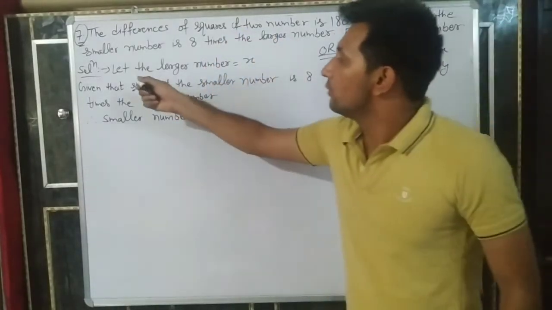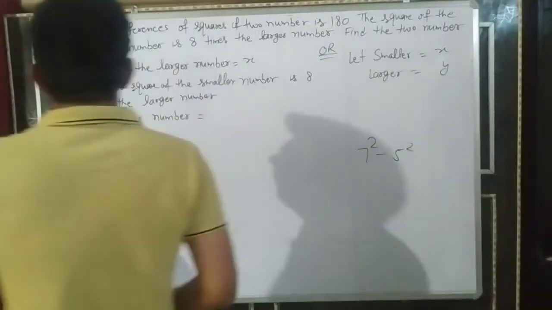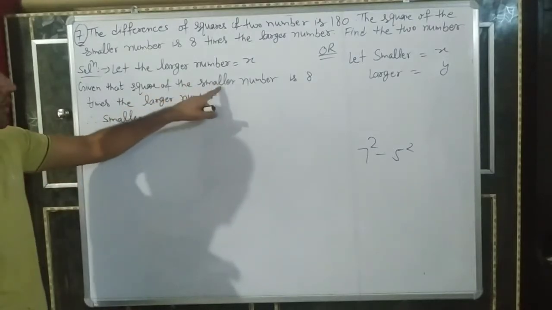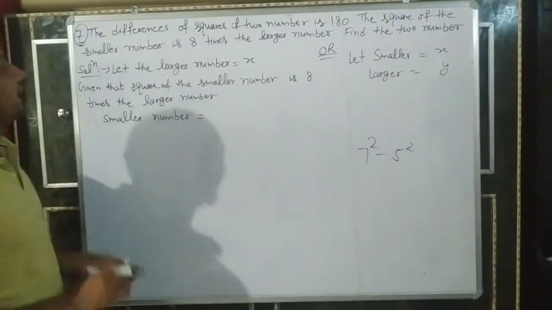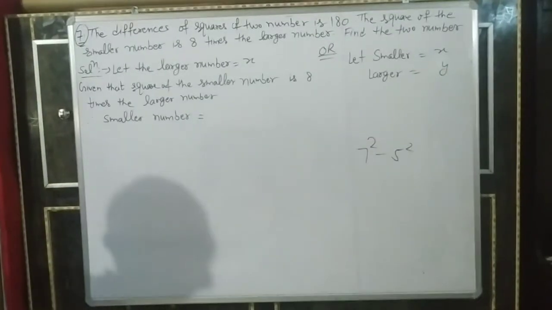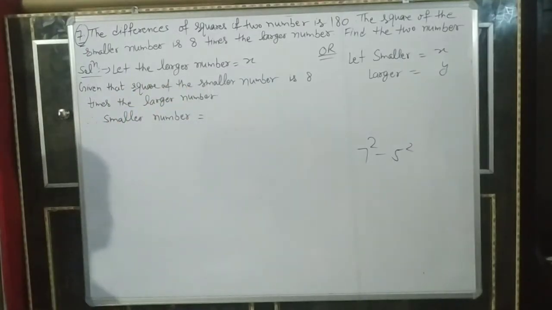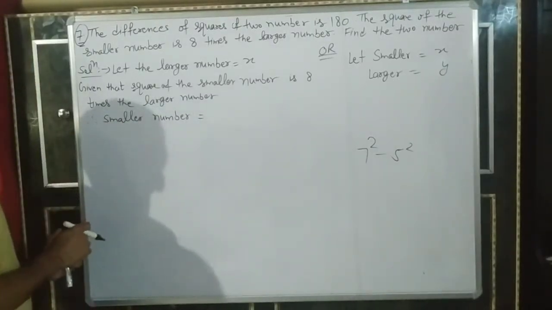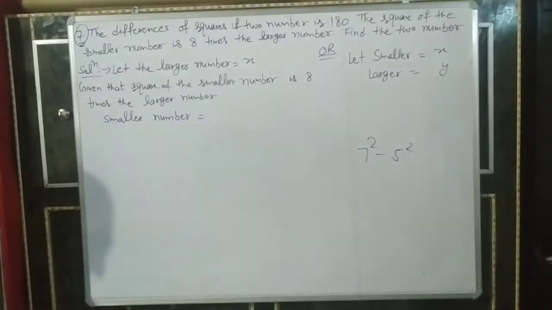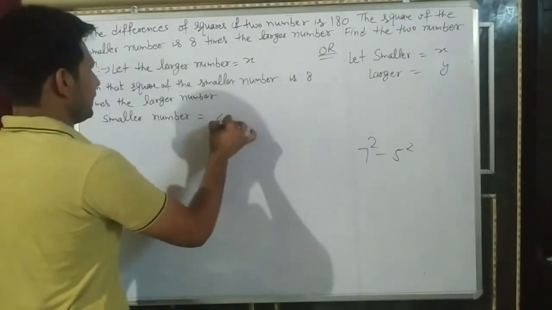So therefore we will write: let the larger number be x. But one more thing is given here. Given that the square of the smaller number is 8 times the larger number, it becomes 8 into x.